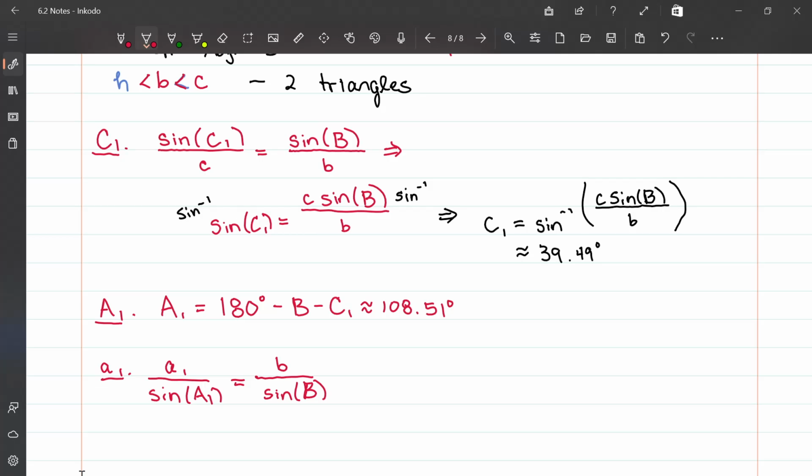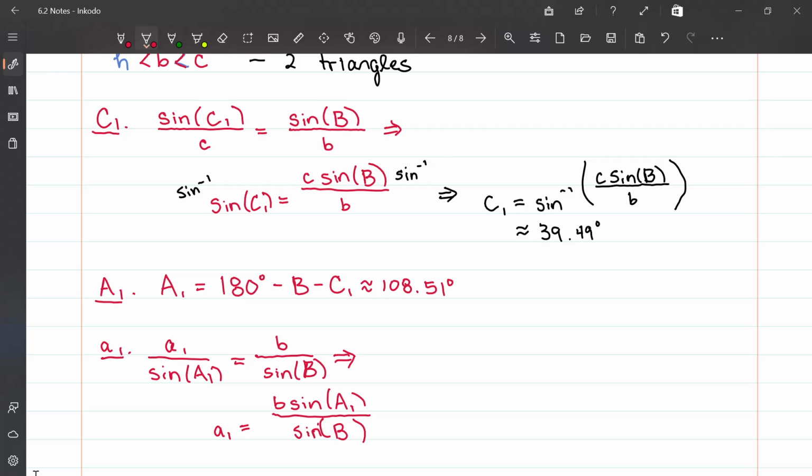So, I use the law of sines and say little a1 over sine of big A1 equals little b over sine of b. And then we can feed this into a calculator, and it seems that we're going to get approximately 89.47.